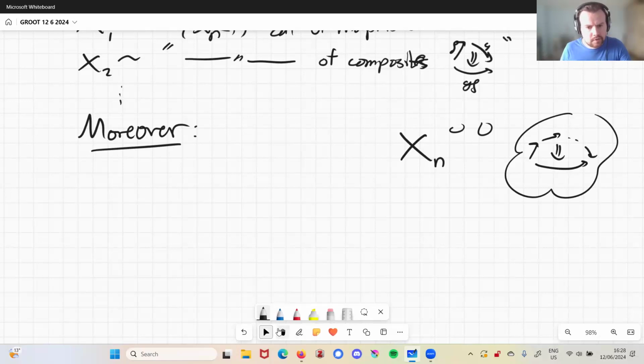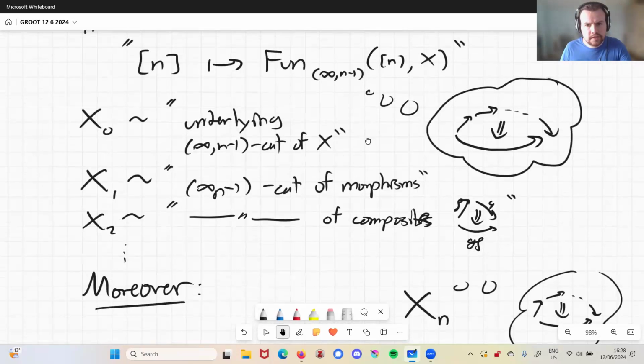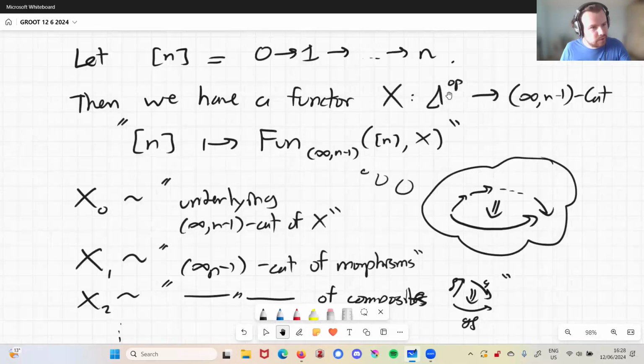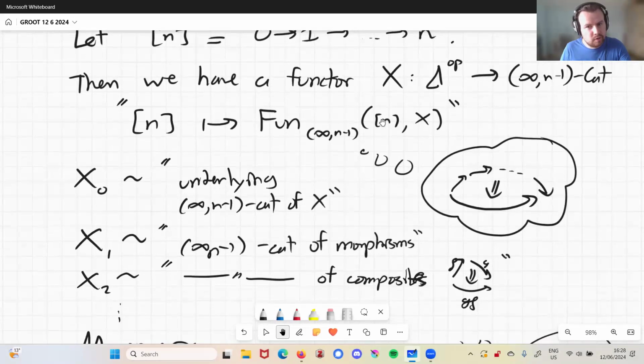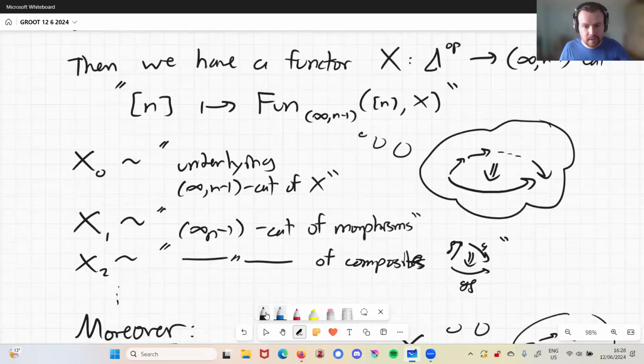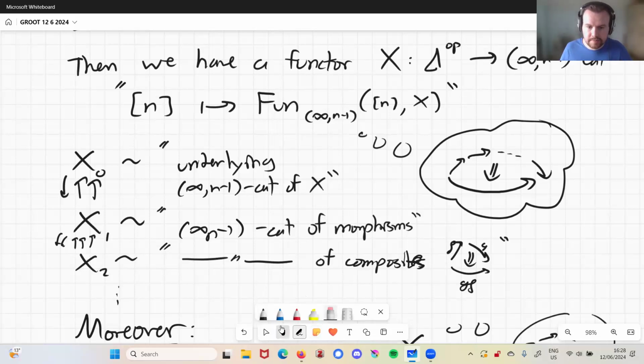I should also mention very quickly that the fact that this is functorial and works on morphisms, we interpret as pullback by precomposition by maps in the first parameter. So we get maps from X1 to X0 by obtaining the source and target of the morphism, for instance, and the degeneracy here, the identity. And these would be the two morphisms in the composite. These would be composing with identities, right? That's our interpretation here. Okay, just thought I'd quickly mention that.